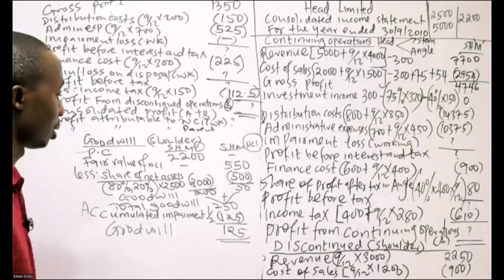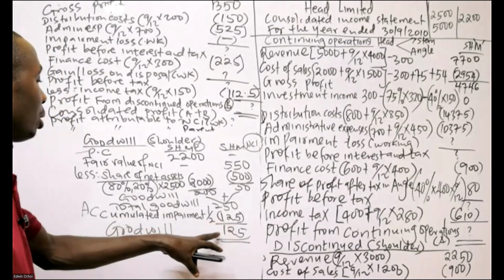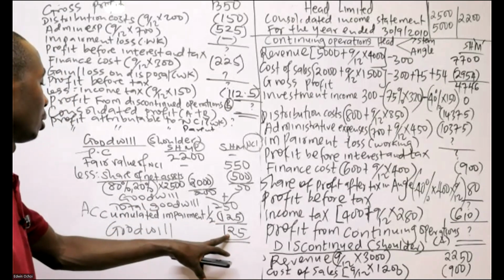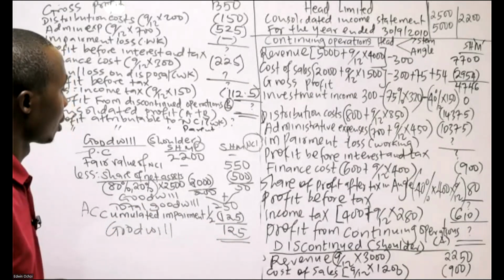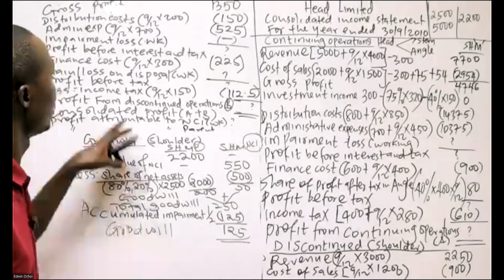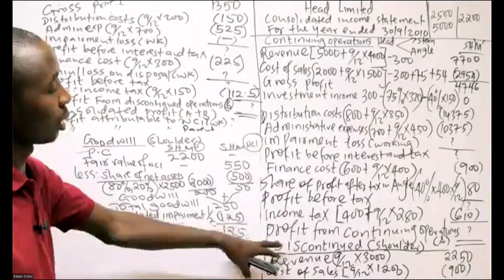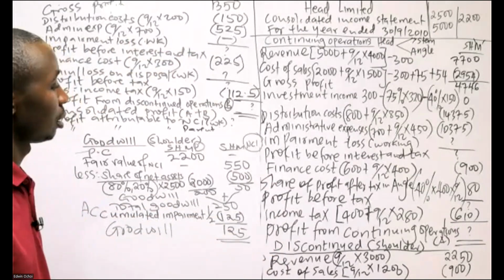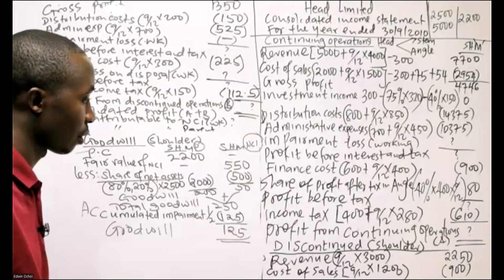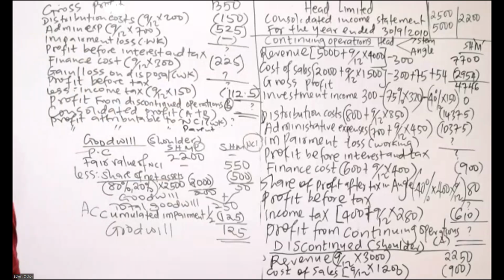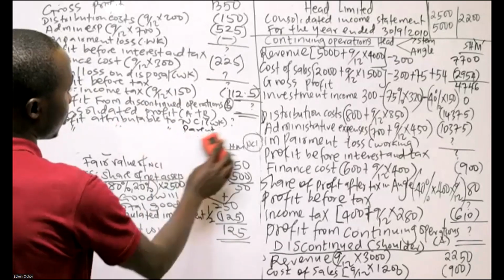That is why I have 125 here. Then we remain with 125, which is the unimpaired goodwill for the current year. So this was Shoulder. Meaning that if I go to the impairment part of Shoulder, under the second statement, the discontinued part, I will not record anything because there was no impairment for the current year. So we go to the computation of the goodwill for Stem.